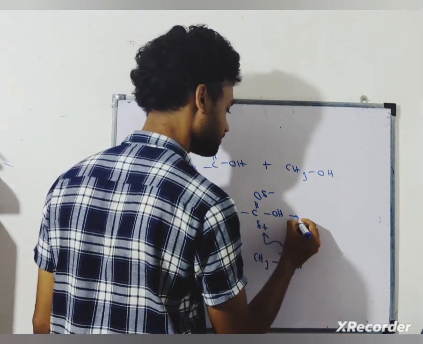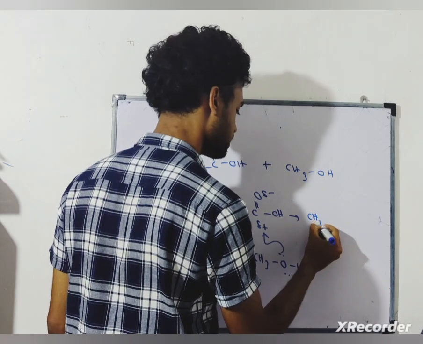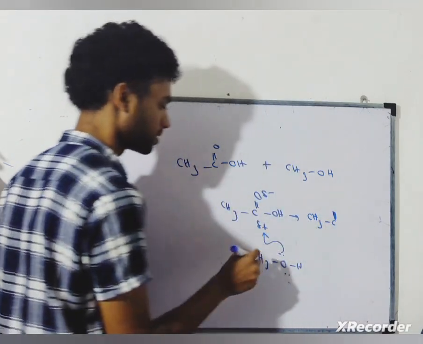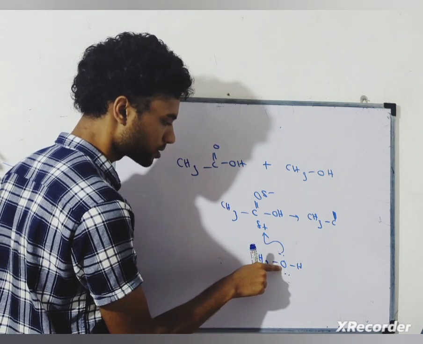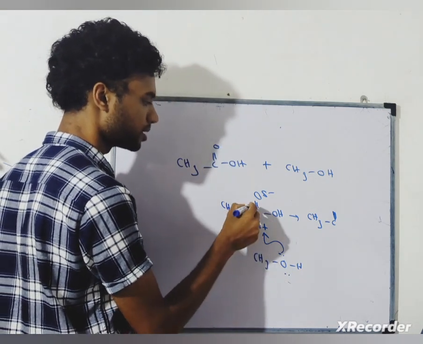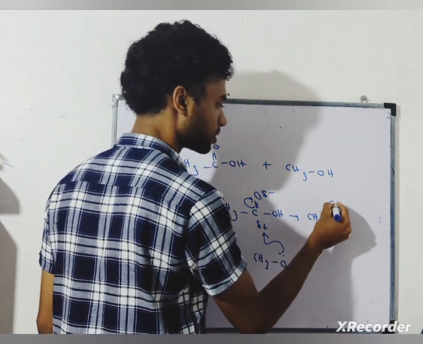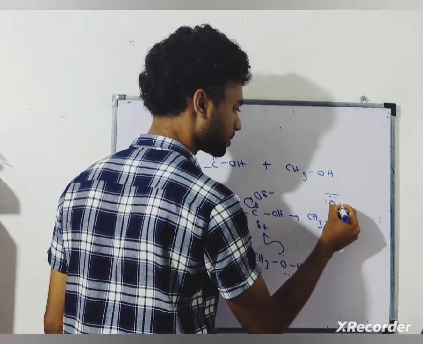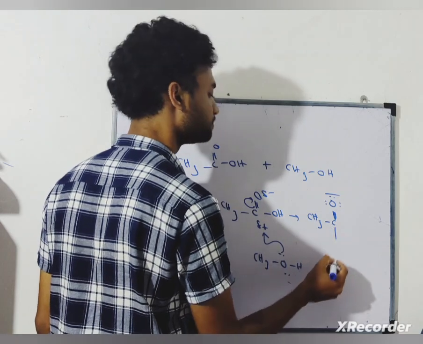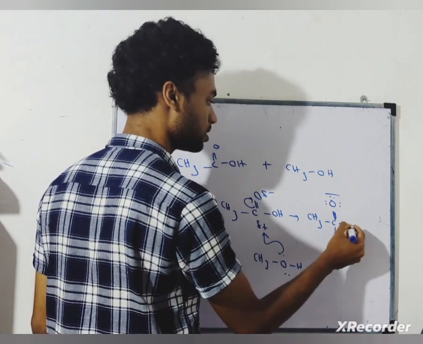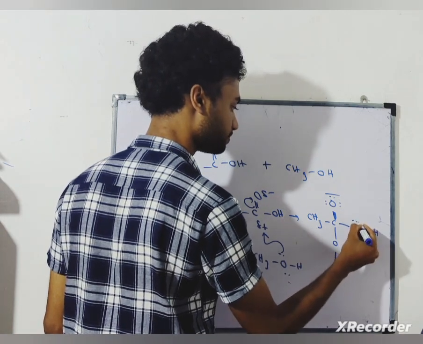When the lone pair on the oxygen atom attacks this carbon, this bond is taken towards oxygen. Then oxygen becomes O minus, and we have OH attached, and then the oxygen, hydrogen, and CH3.